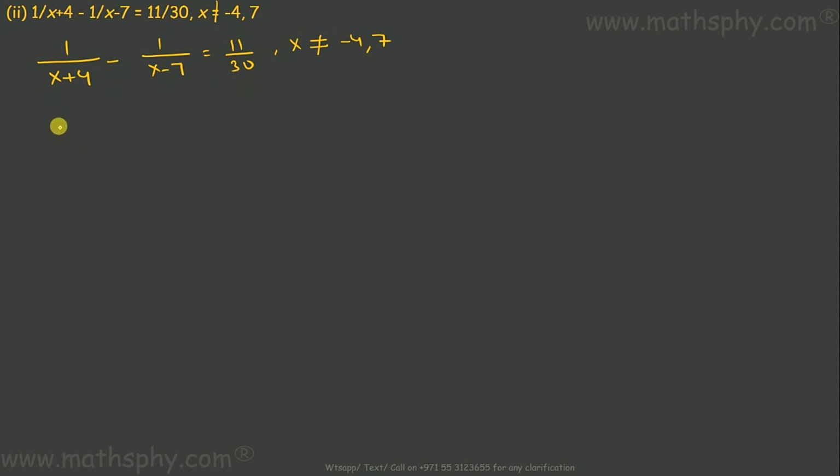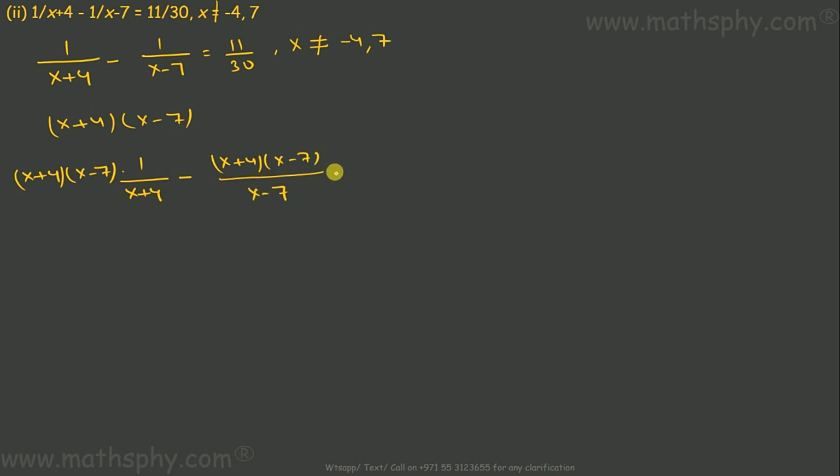To do that, if I multiply both the sides by x plus 4 into x minus 7, this will be x plus 4, x minus 7 into 1 over x plus 4, minus x plus 4, x minus 7 over x minus 7, equals x plus 4, x minus 7 into 11 over 30.